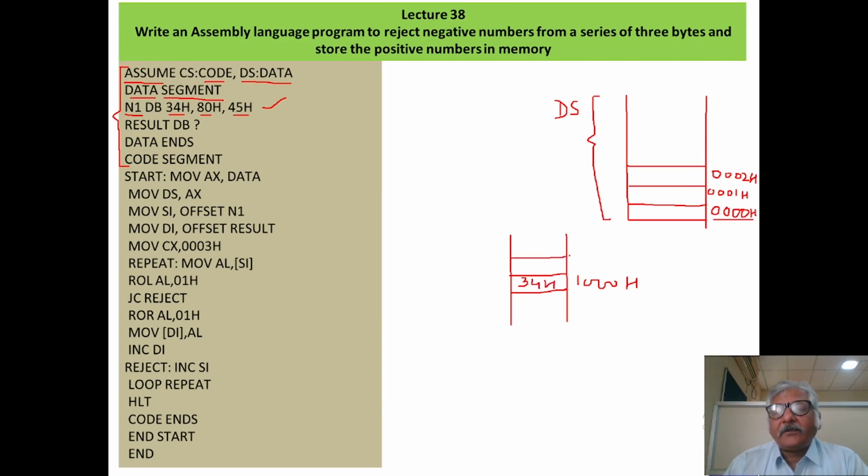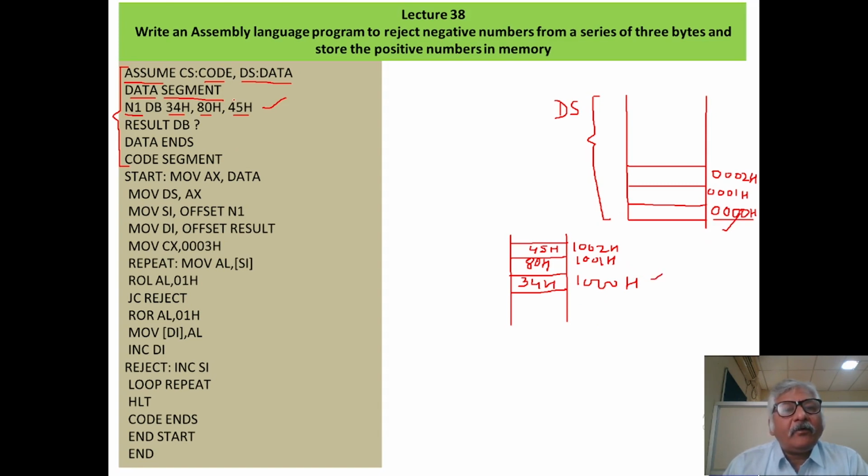Then the next number at 1001H, we want to store our next number, that is 80H, and the third number from 1002H, meaning at this location we want the number 45H. So instead of storing our numbers from offset 0000H, we want to store from 1000H.